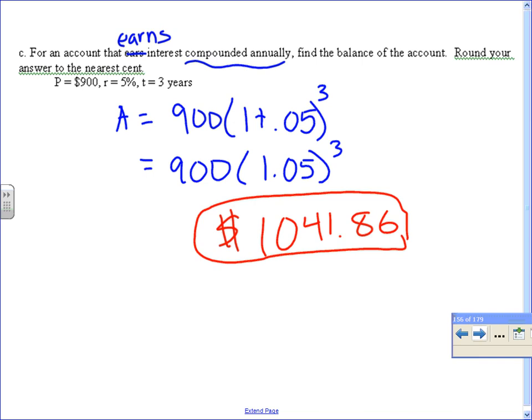No. Yep. No, raised to the third power. Yes. But you could also type this in your calculator, 900 times, parentheses, blah, blah, blah, caret 3. Do you know what the caret is? Okay. I know we did it a while ago. Alyssa? Yes.